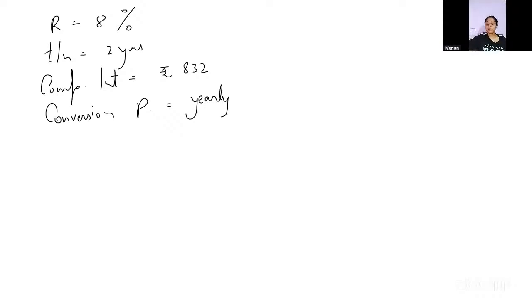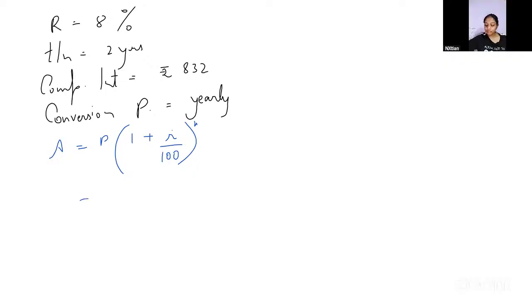Conversion period is yearly. So amount formula A is equals to P (1 plus R by 100) raised to the power N. Now I told you that first we solve this thing and create an equation. What's the meaning of that?